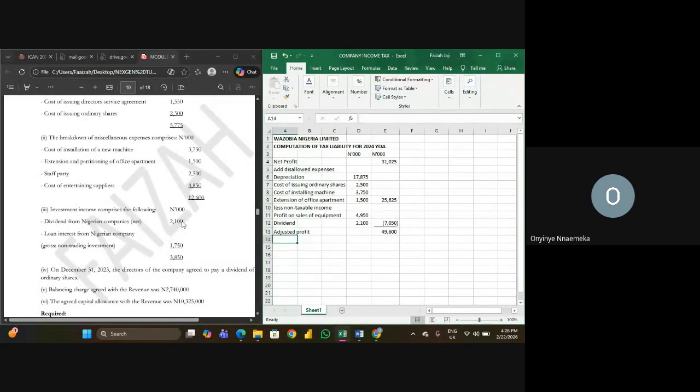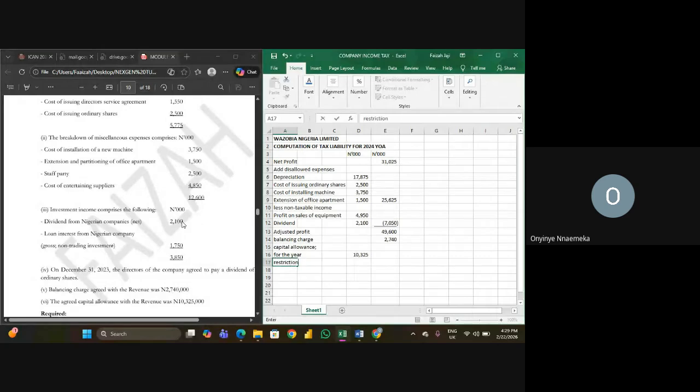We have balancing charge, which is how much? 2,740. Then we have capital allowance for the year. How much is for the year? 10,325.